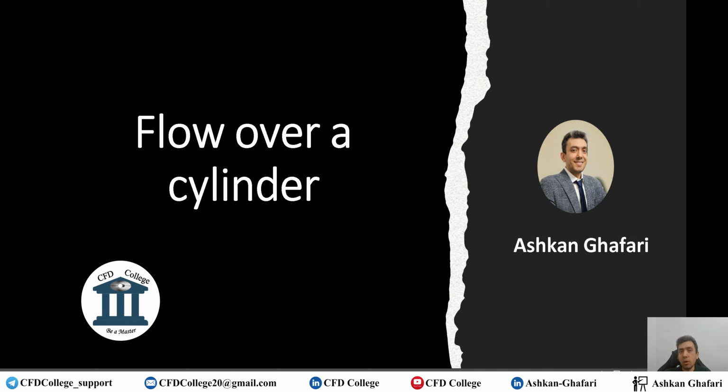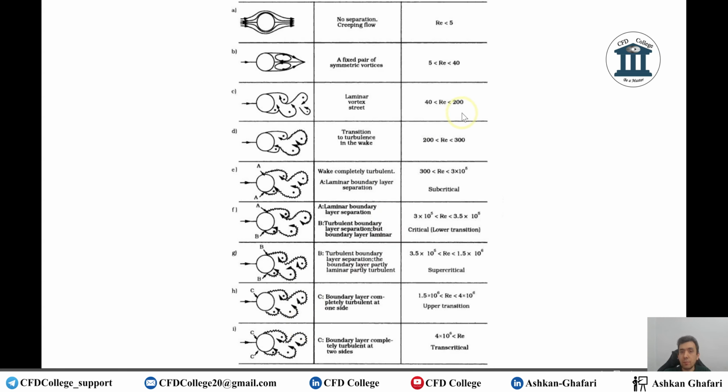In this video, we are going to simulate the airflow passing a cylinder at a high Reynolds number, 200. If you remember, when Reynolds is 200, we still have laminar flow, both for the wake and the boundary layer.